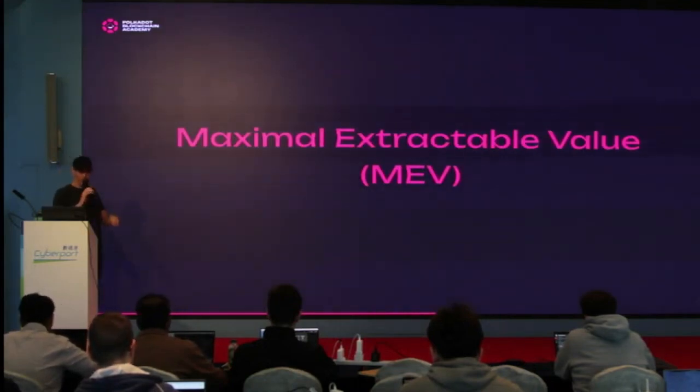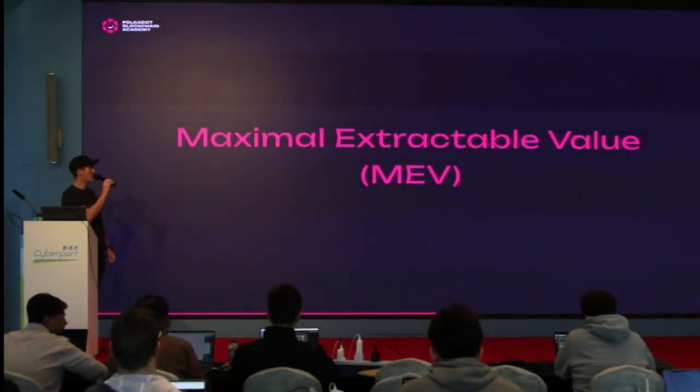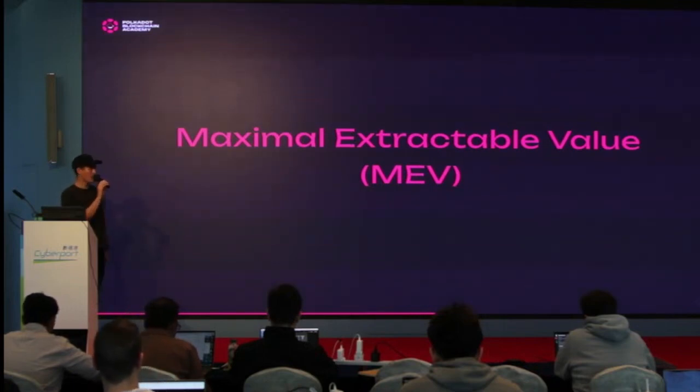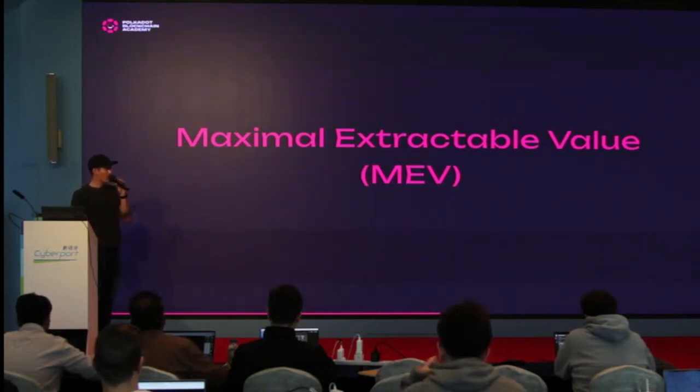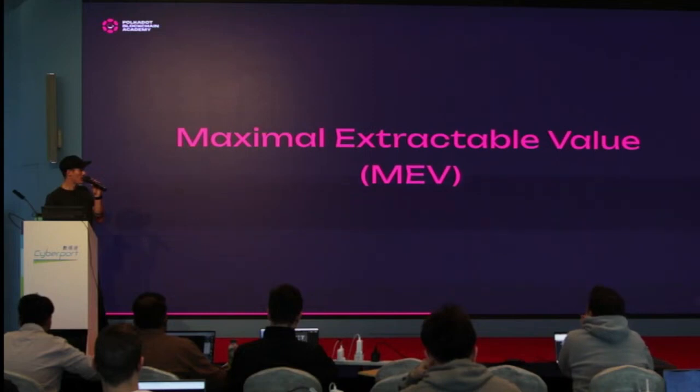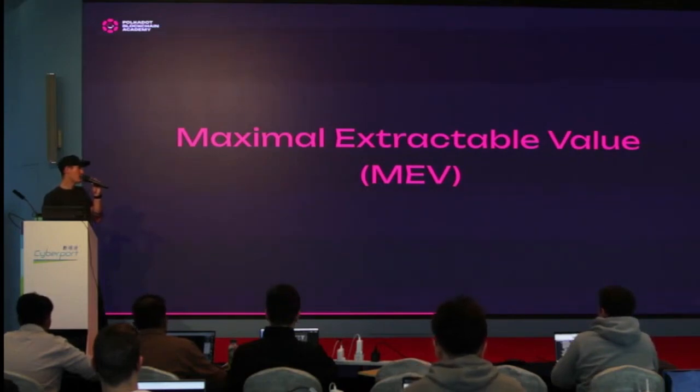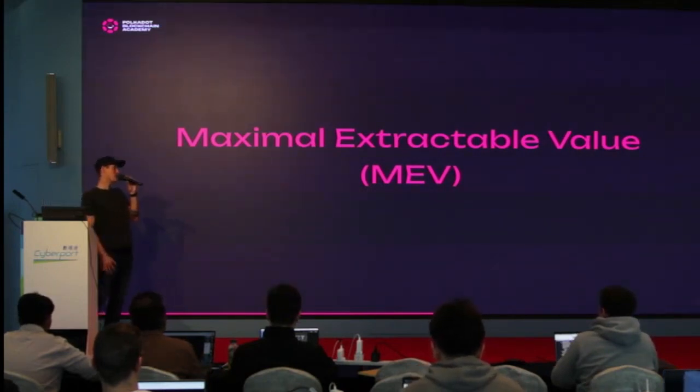So this brings us to another part of this lecture about MEV. Specifically, this is a different section, just because MEV and vulnerabilities are not exactly the same thing. Sometimes they are, sometimes they're not.